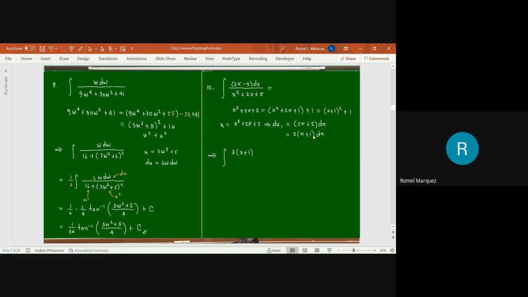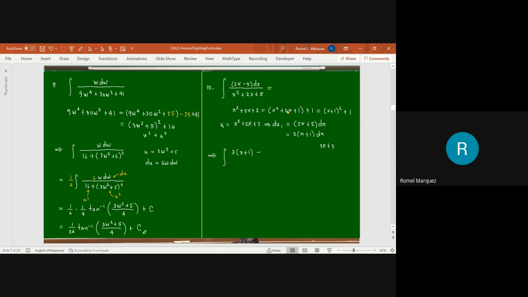X plus 1 kasi kailangan ko dito sa differential. Para differential ito ng denominator. Now, minus. Kaya ang kailangan ko 3x plus 3. Ito 3x yan. 3x plus 3. Again, kaya ang kailangan ko 3x minus 5. So anong i-add ko or isusubtract, guys? What is that? To be added or to be subtracted?